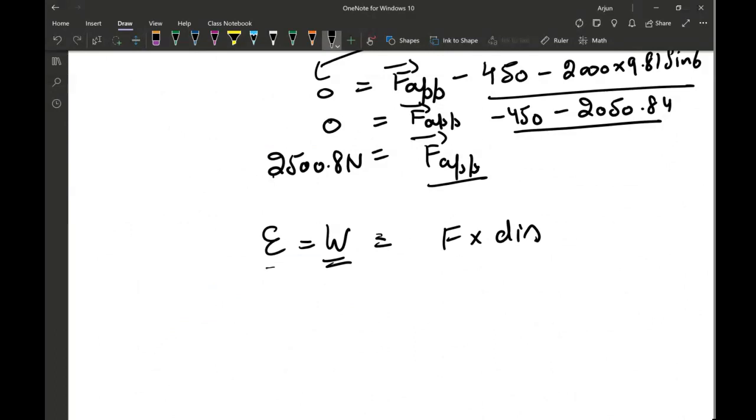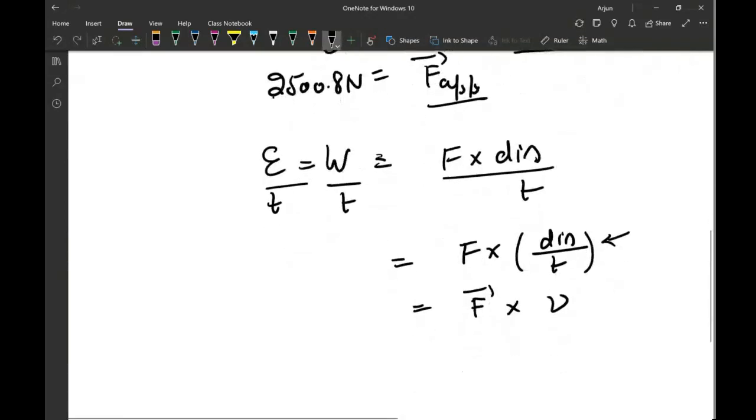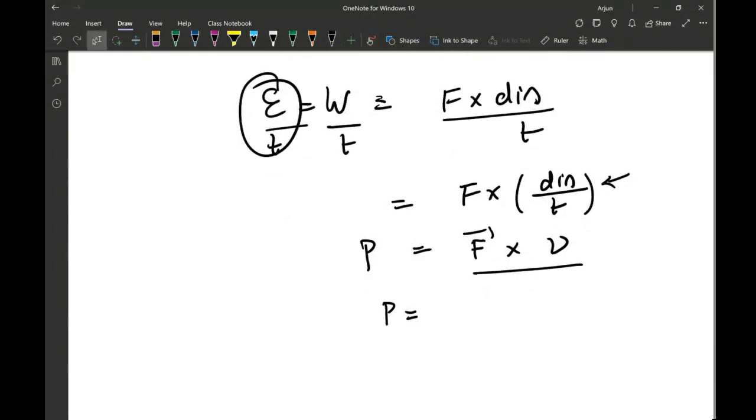If I divide energy by time, that means work divided by time, so force times distance moved divided by time. That's going to become force times speed, because distance divided by time is speed. And energy divided by time is power. So power is equal to force times speed.